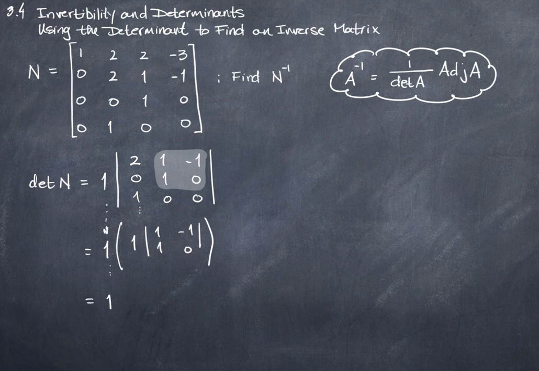That's 1 from here times 1 from here times 0 minus negative 1. So that's 1 also. So my determinant is 1.